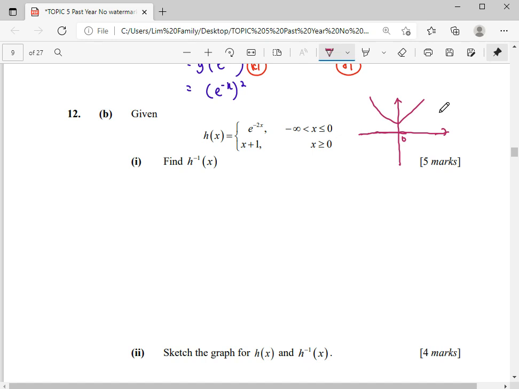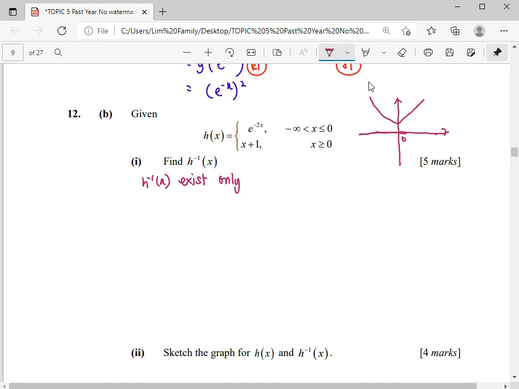So therefore, when you want to find the h inverse, we pick a domain that will make this piecewise function invertible. Either we can choose the left hand side or the right hand side graph, either one to be chosen in order to make this function invertible.